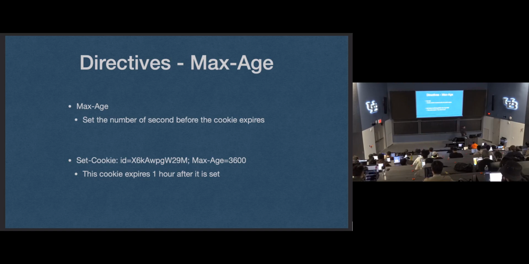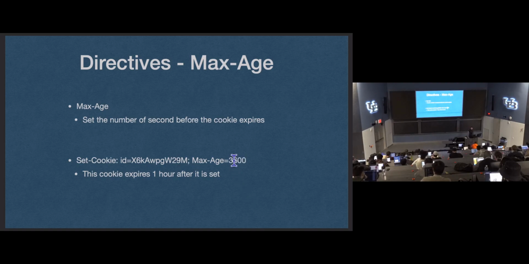Let's just use max age instead, right? So max age is the number of seconds after which the cookie should expire. If I do a max age of 3600, that should be 1 hour. Any request made in the next hour, the browser is going to send this cookie to me. After 1 hour, the browser's not going to send that cookie back to me anymore. So I'm saying, hey, browser, send this cookie back to me in every request for the next hour.